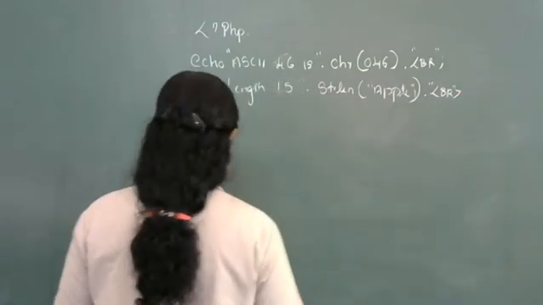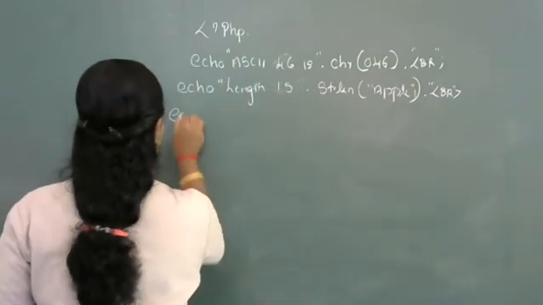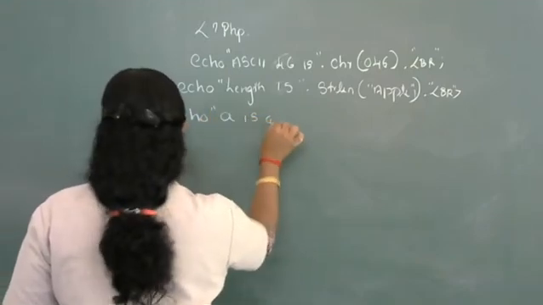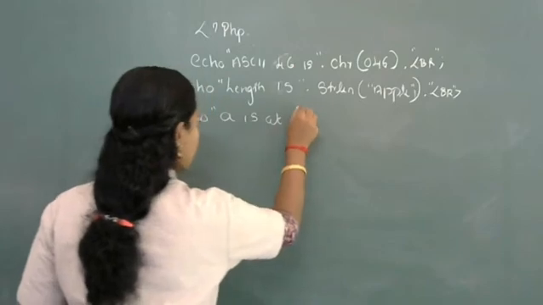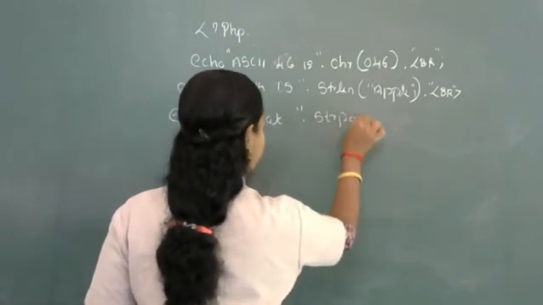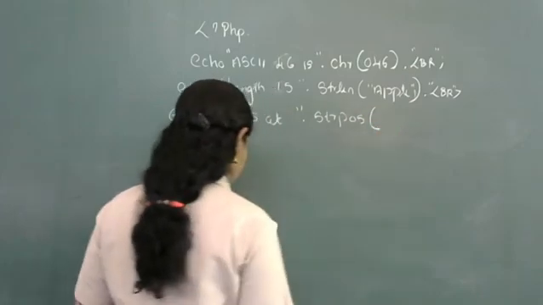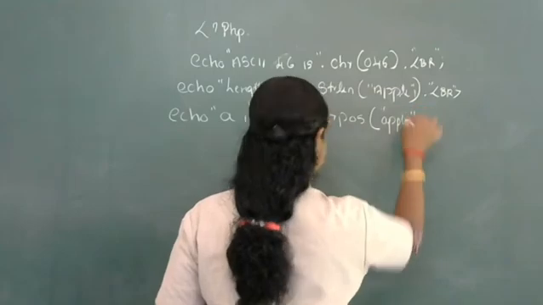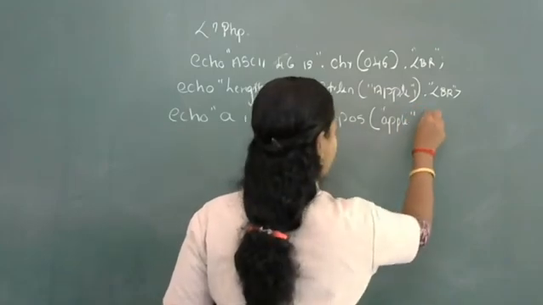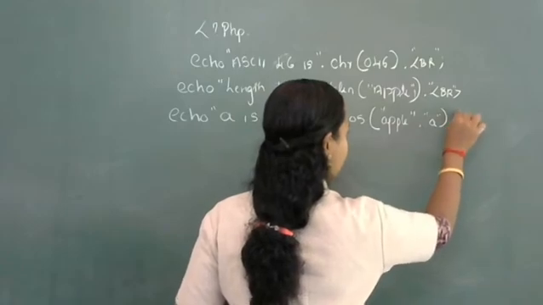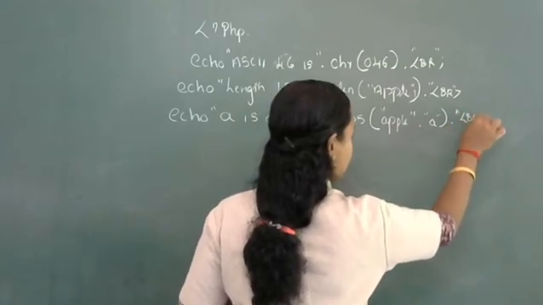Okay, then echo "a is at " dot strpos("apple", "a") dot "<br>".